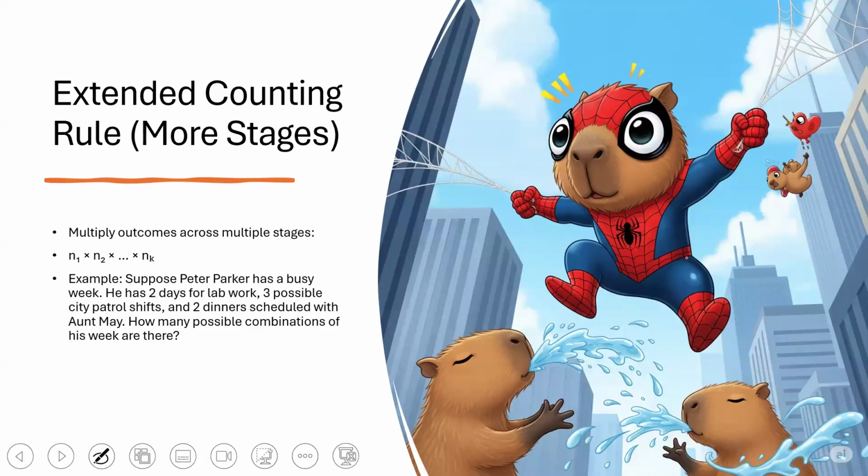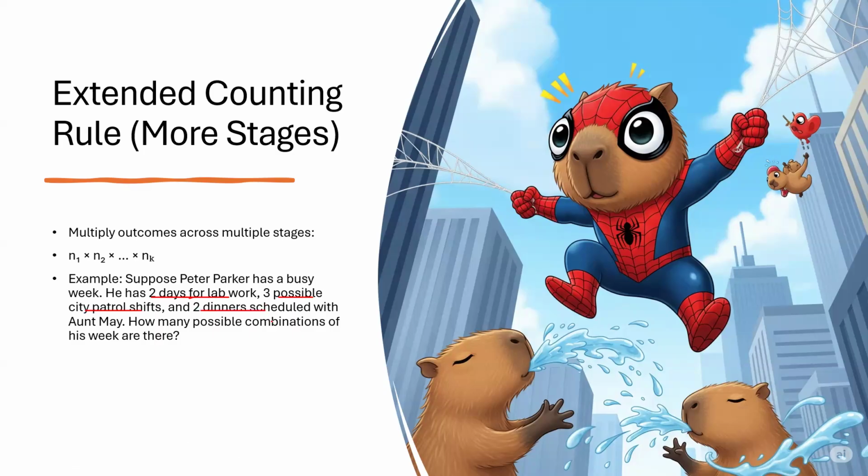We can extend the basic rule to more than 2 stages. Just keep multiplying. Suppose Peter Parker has a busy week ahead. He has 2 days for lab work, 3 possible city patrol shifts, and 2 dinners scheduled with Aunt May.